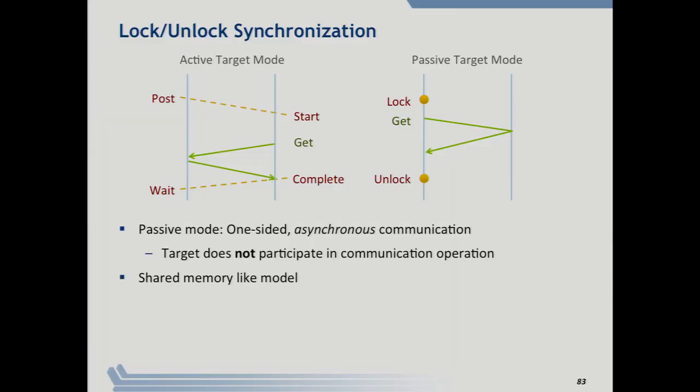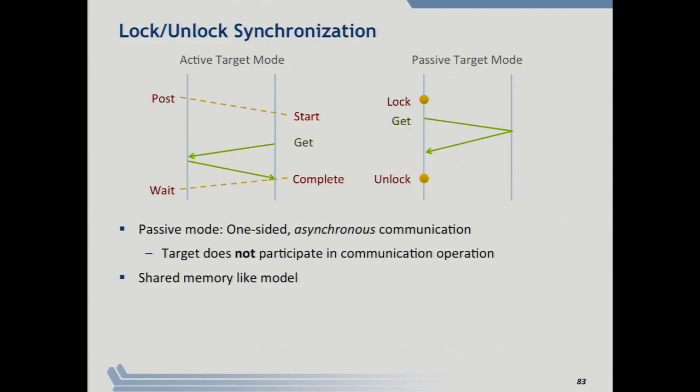So lock in the sense of mutual exclusion, this is not a lock. This lock is really begin access, and this unlock is end access. It does not have the semantics of a lock. It does not have any kind of mutual exclusion.